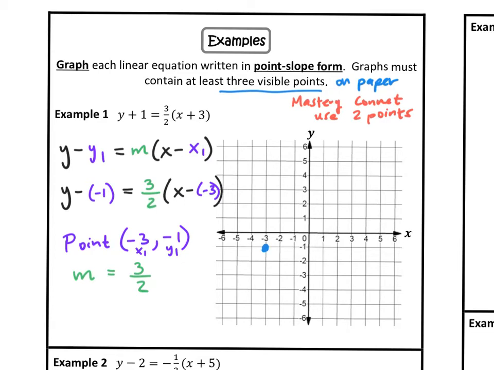And then the slope tells us the direction where to go, right? So if I have 3 and a 2, remember it's rise over run. So 3 tells me to go up 3. And the 2 tells me to go to the right 2. So let's do that. Let's go up 3. 1, 2, 3. And then to the right 2. 1, 2.